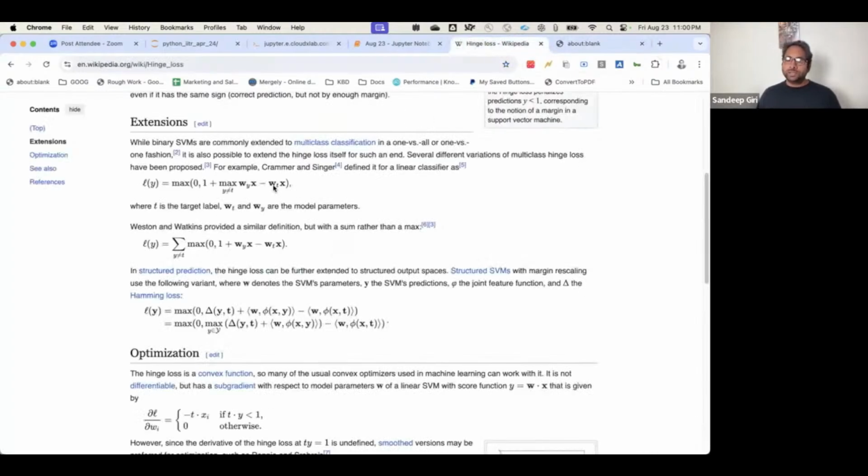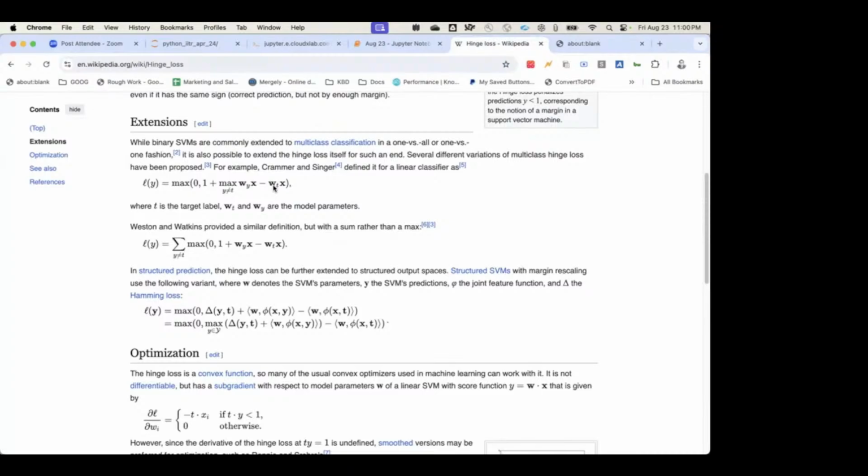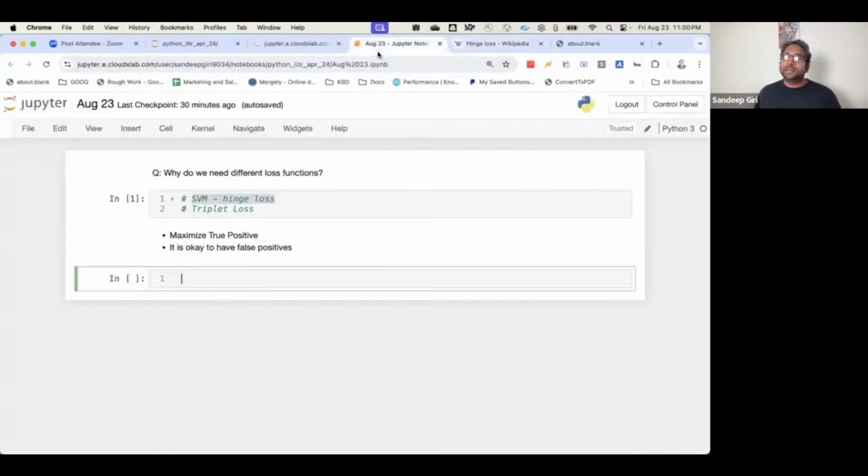The loss function is different, but the way of optimization is still gradient descent. Got it? Okay, so that's the core idea. The loss function would keep coming all the time.